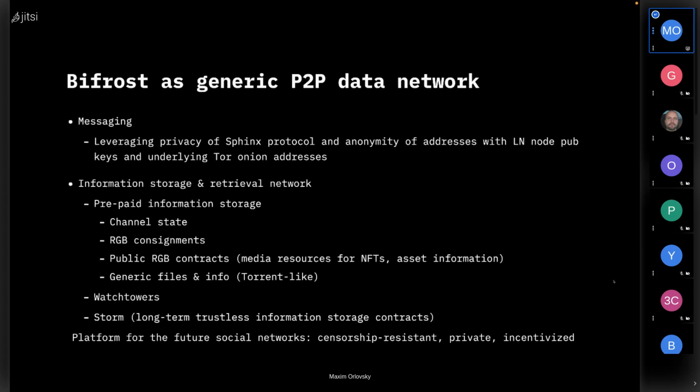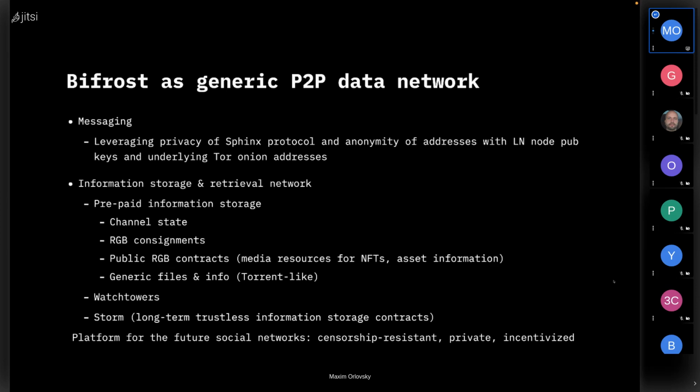The second main area of application of Bifrost as a generic P2P data network is, of course, an information storage and information retrieval network. In those terms, we can have prepaid information storage used for storing the channel state, and used to store RGB consignments, those parts of the client-validated data that have to be sent over during RGB smart contract execution.